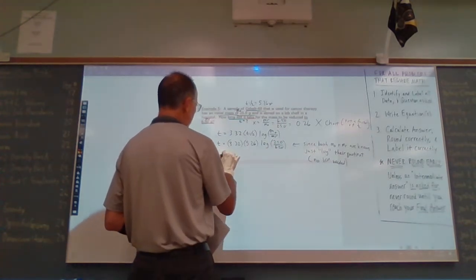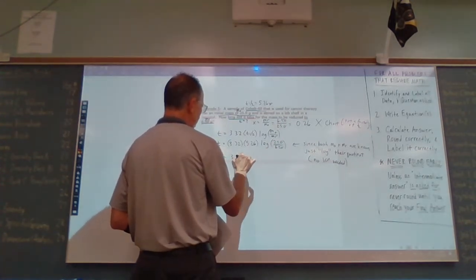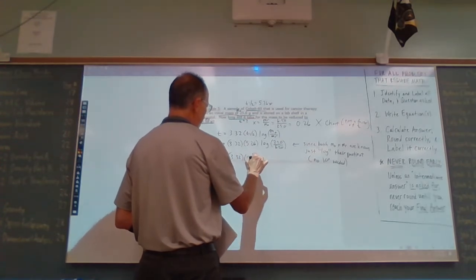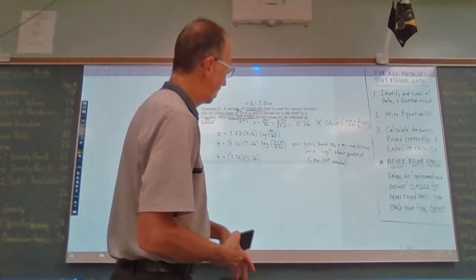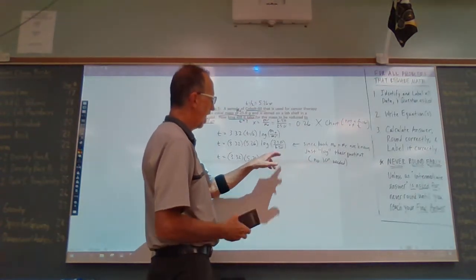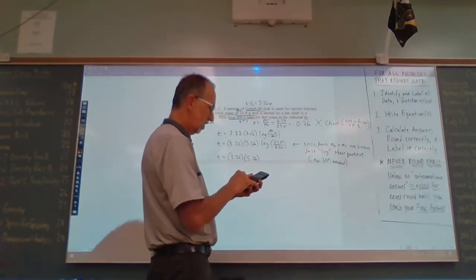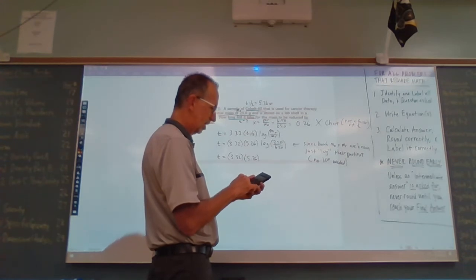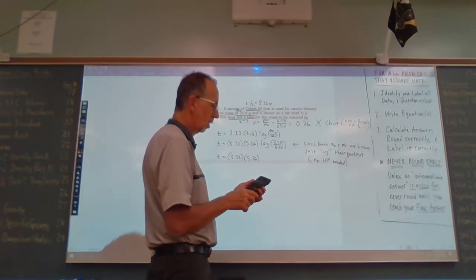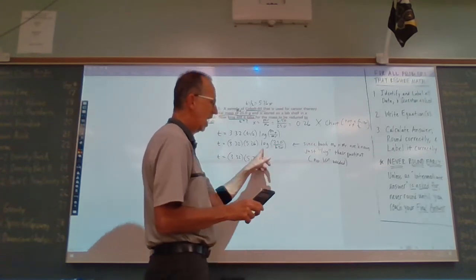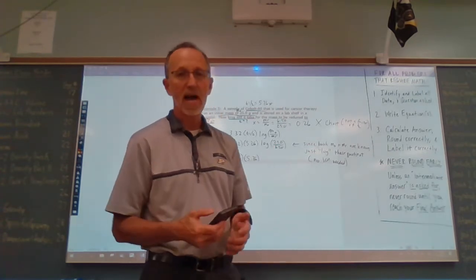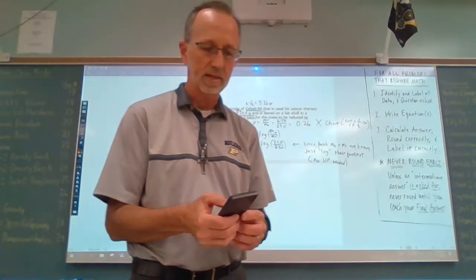So we have T equals 3.32, 5.26. I'm going to do just what it says here. I'm going to find the quotient, 25.0 divided by 6.50, which is 3.84, a bunch of decimal places. And now I'm going to hit the log button. Not 10 to the x, the log button.